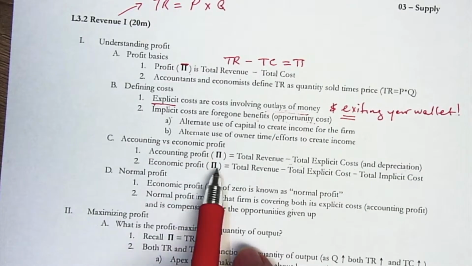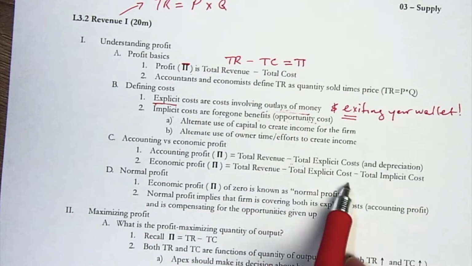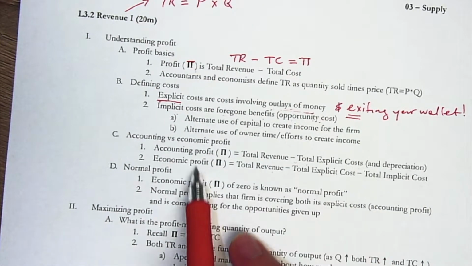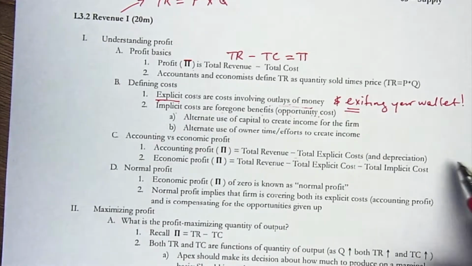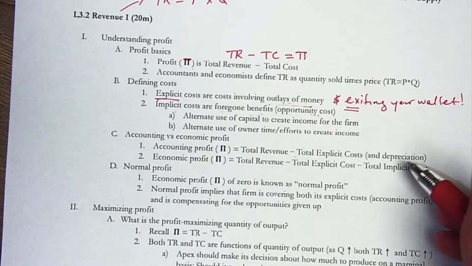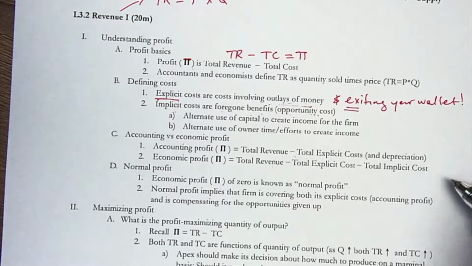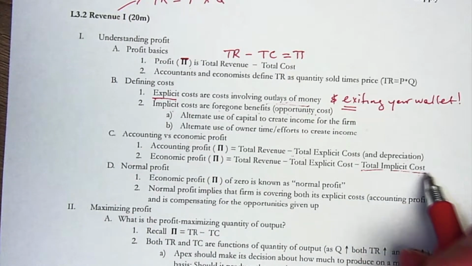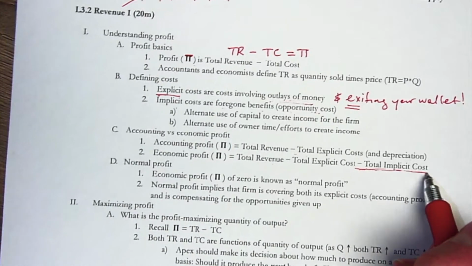Economic profit, though, is going to be total revenue minus the total explicit cost minus the total implicit cost. So the difference between the two is that if accounting profit is positive, then we know that economic profit could be positive, or economic profit could be zero, or it could be negative. That's because the economic profit is subtracting out this second item.